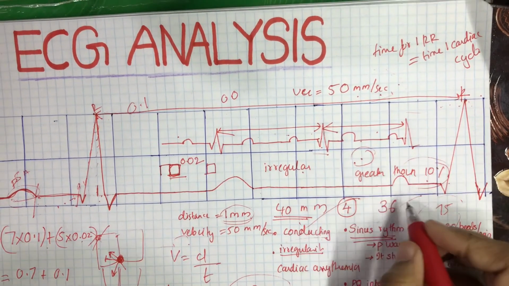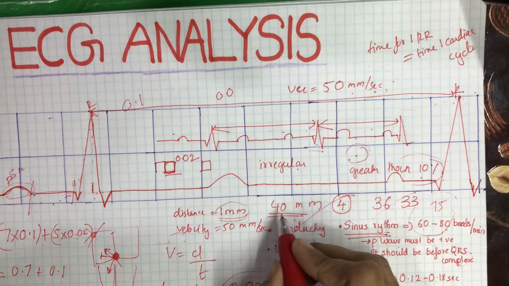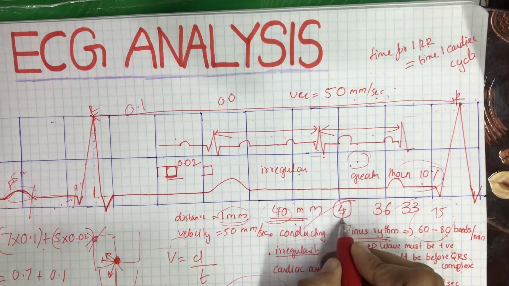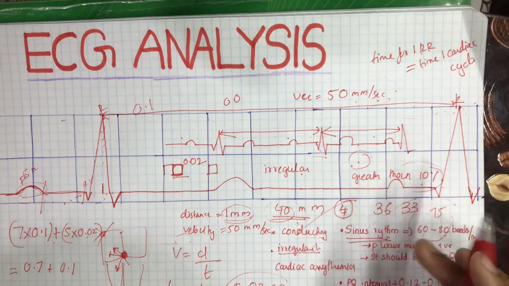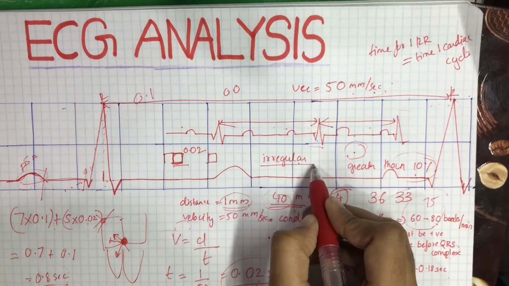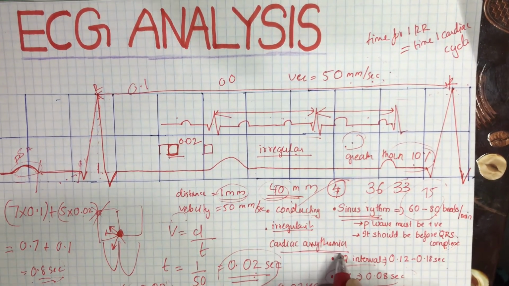If it is 33, it is greater than 10%, because 10% of 40 is 4 only. And if it is greater than that 10%, then it is a problem. The irregularity of the heart, we call it arrhythmia, cardiac arrhythmia.